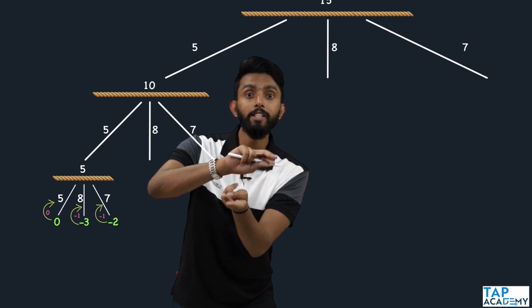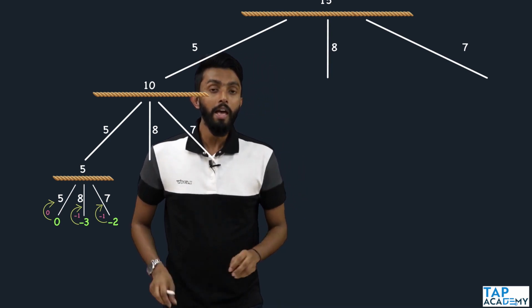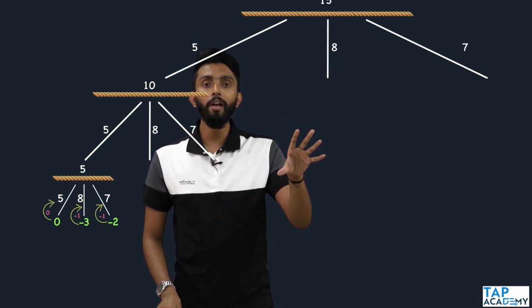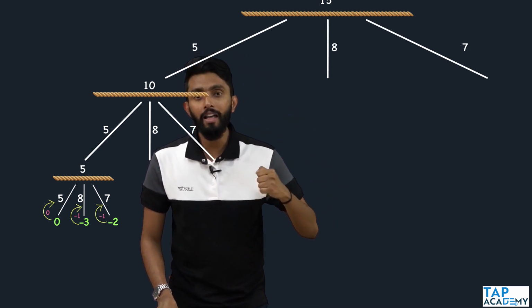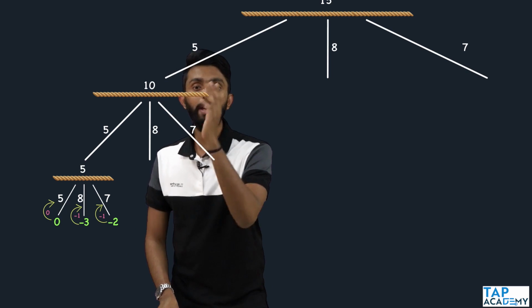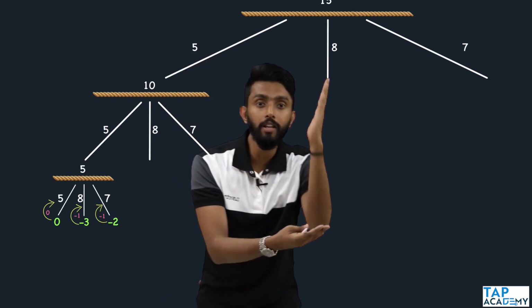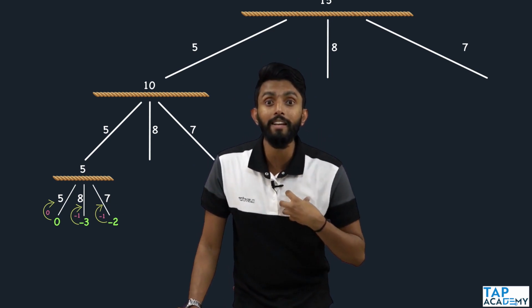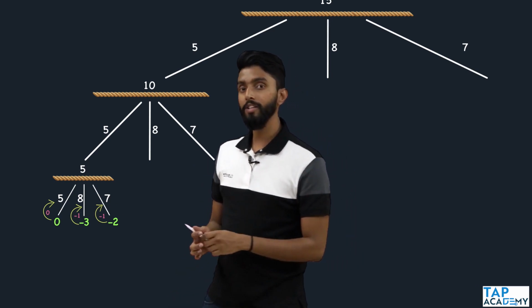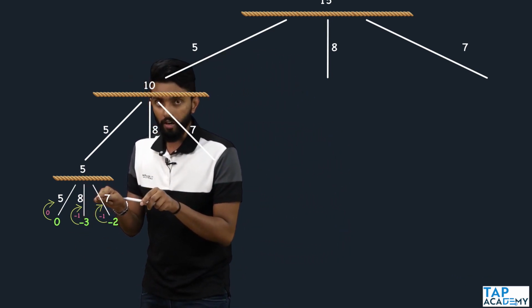Or can I say it is a non-negative value? If it is a non-negative value, or in other words, if it is not minus 1, then I know successfully one of these length cuts I was able to make when the rope's length was 5. That is what it indicates to me. So again, very simple. All 3 will return.